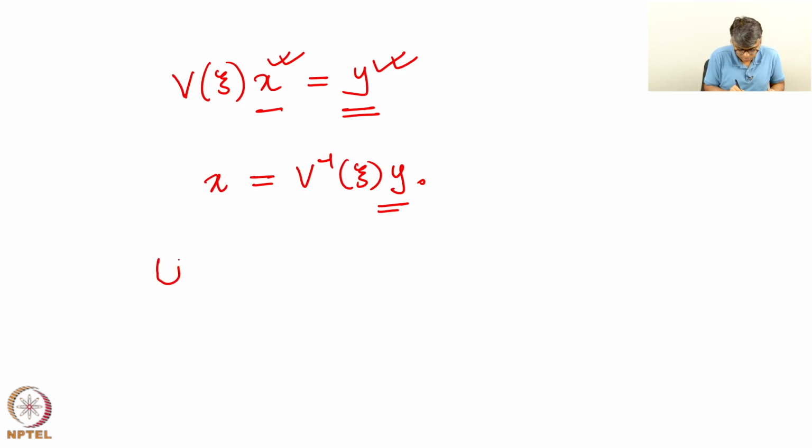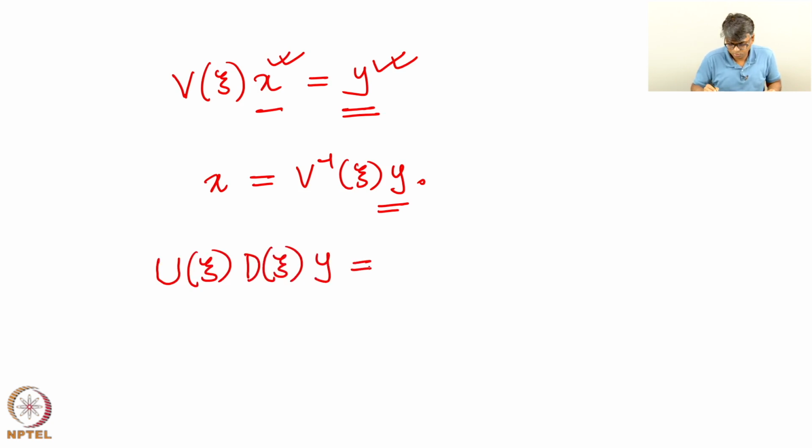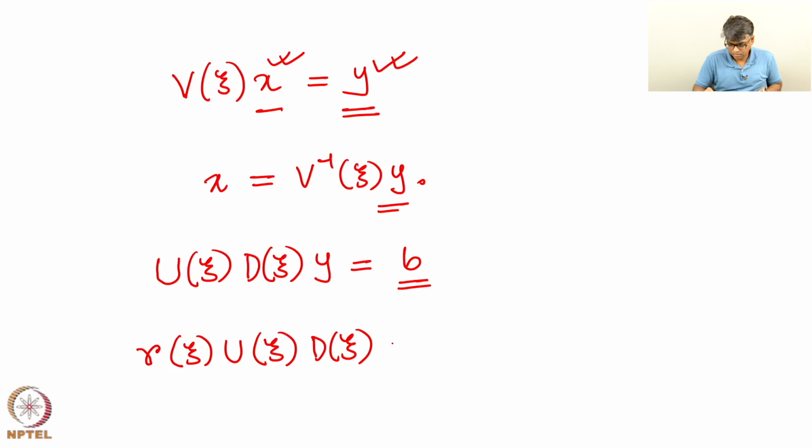Now, my equation becomes U(ξ)D(ξ)y is equal to B. Okay? Is that all right? Now, likewise, suppose there is an R(ξ) such that R(ξ)U(ξ)D(ξ)V(ξ) is equal to 0. What can I say about this product?